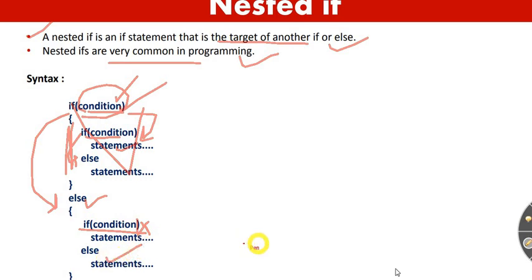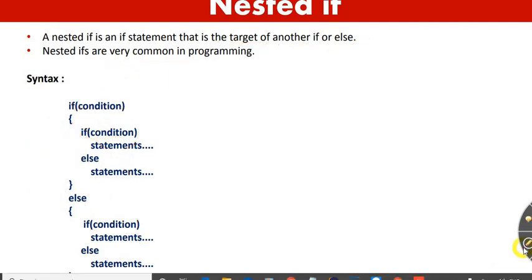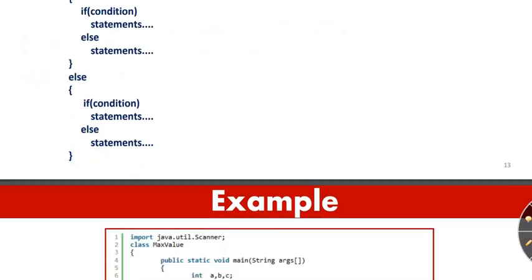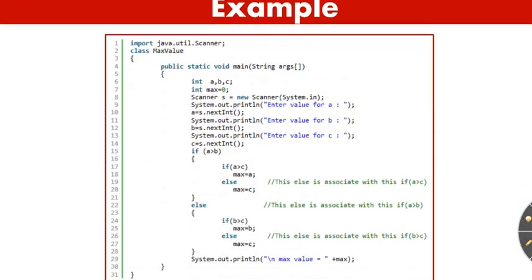If you are not clear, let me show you one example of 3 marks, which I was talking about, the greatest of 3 numbers. Okay, this is a basic program. As you can see, I have imported Scanner.